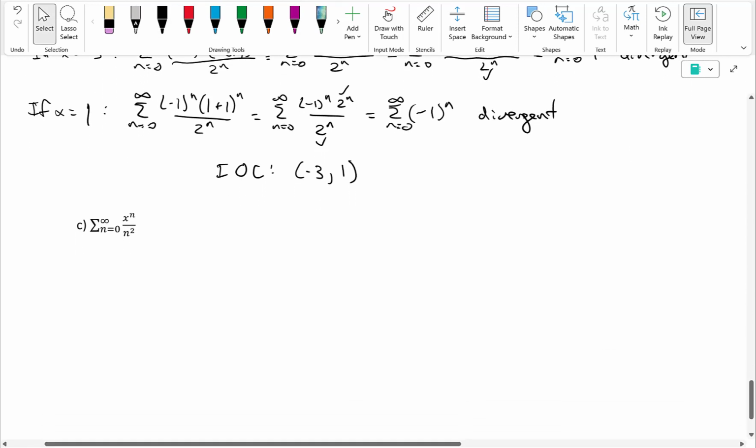And last one here, we've got the summation from n equals 0 to infinity of x^n over n squared. So the x^n is centered at 0.